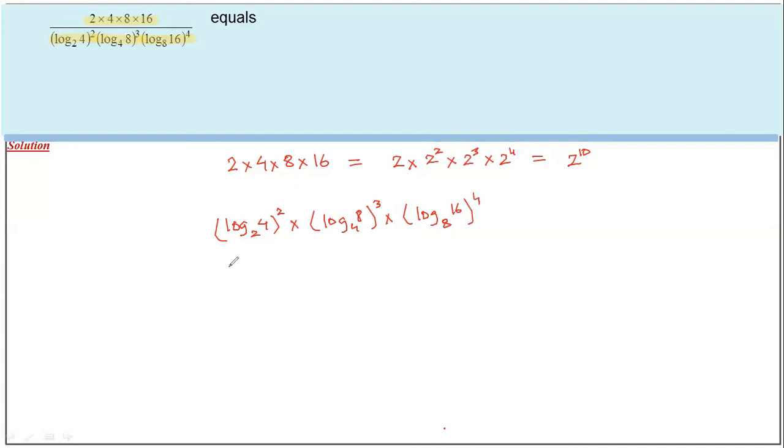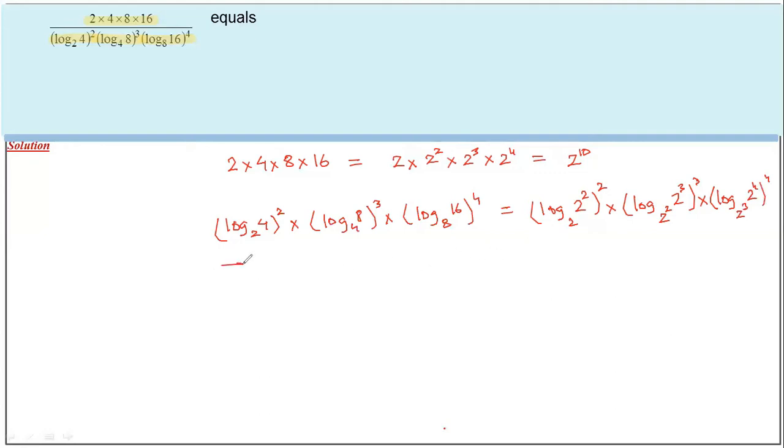So this becomes equal to log 2 square base 2 whole square into log 2 cube base 2 square whole cube into log 2 to the power of 4 base 2 cube whole to the power 4.